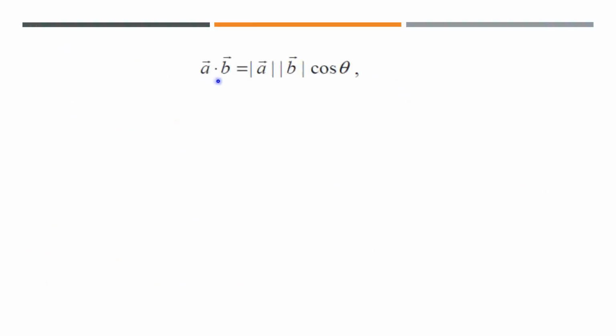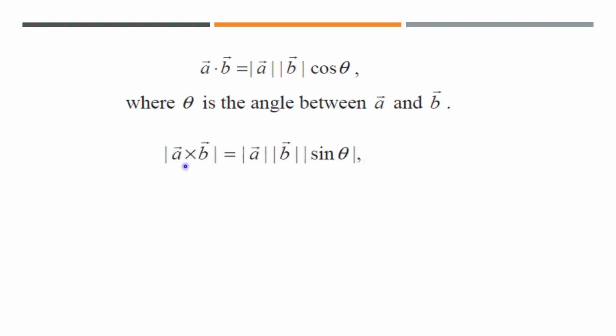A vector dot b vector is denoted by modulus of a vector into modulus of b vector into cos theta. Here theta is the angle between a vector and b vector. Similarly, modulus of a vector cross b vector is equal to modulus of a vector into modulus of b vector into modulus of sin theta, that is, all the values must be positive.